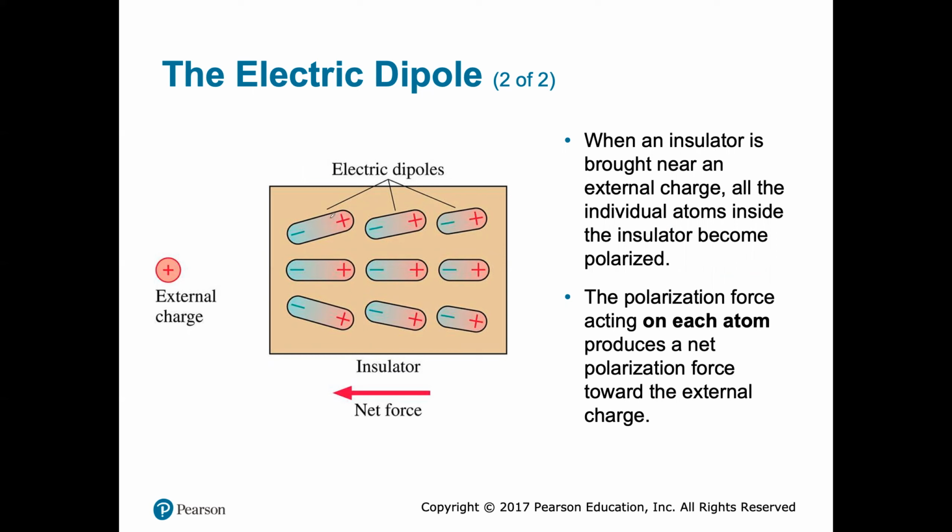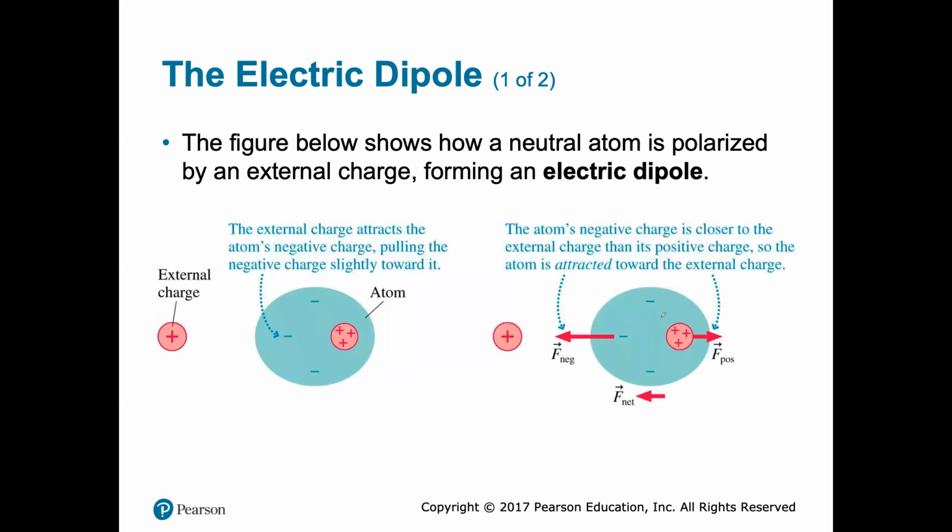Why? Because you can consider that this insulator is composed of many atoms, and each atom is polarized in this way. It's a neutral atom, but it has been polarized to be more negative on one side and more positive on the other side.